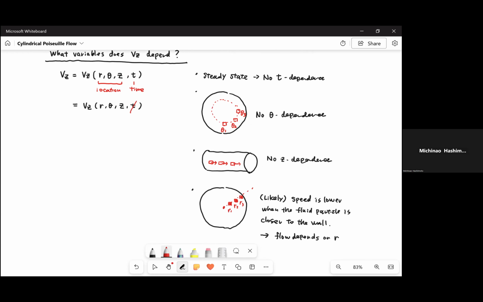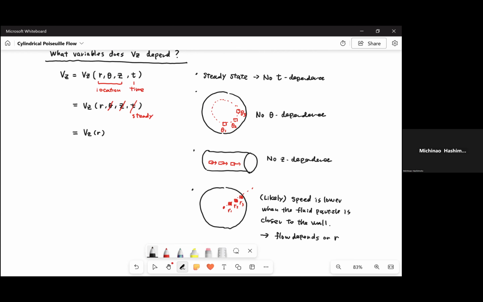However, there is no t dependence because it's steady, and no theta dependence because of the symmetry. No z dependence because it shouldn't depend on the location, how much they advance. So the only dependence is vz should be vz of r.